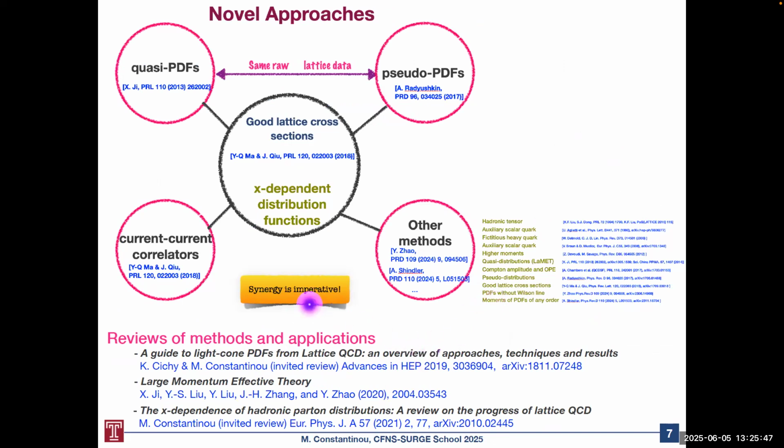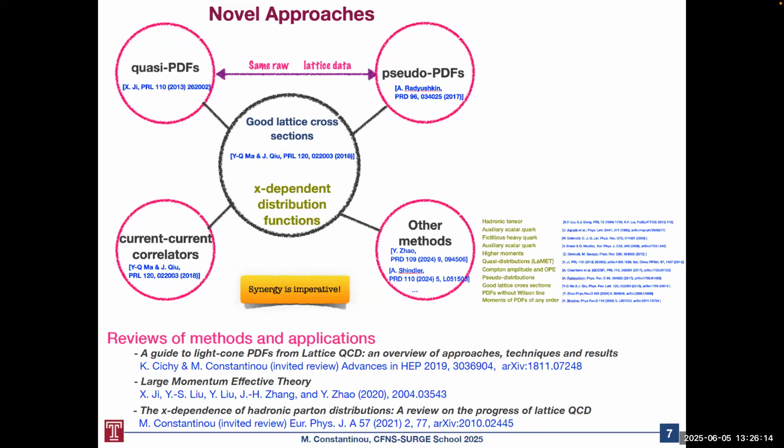So we wrote maybe a 100-page review that was pioneering at the time. The field began in 2013 with the first idea. 14, 15 was the first calculation, but nobody believed in that. And it's interesting to see where we were then and where we were a few years later.